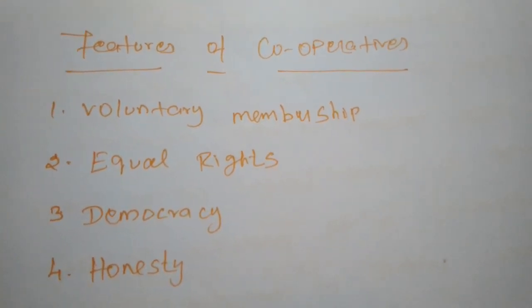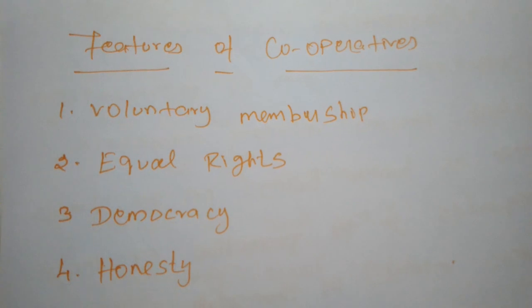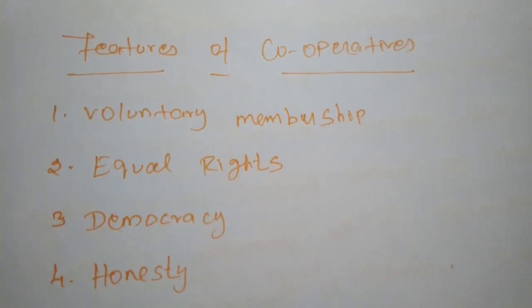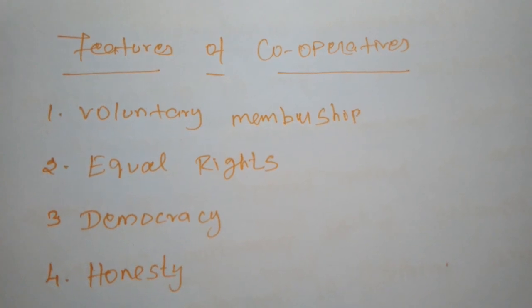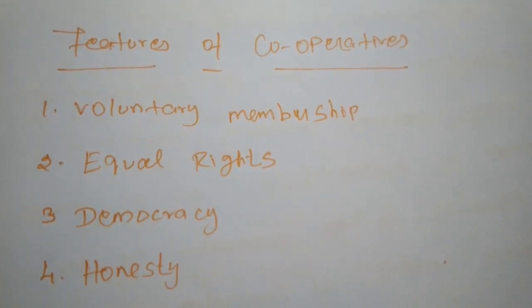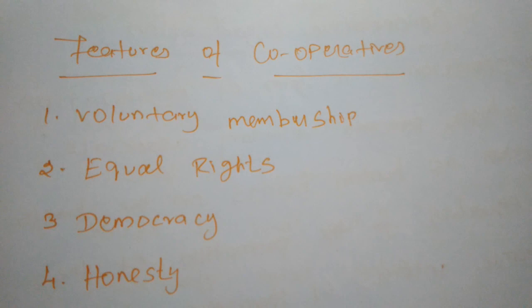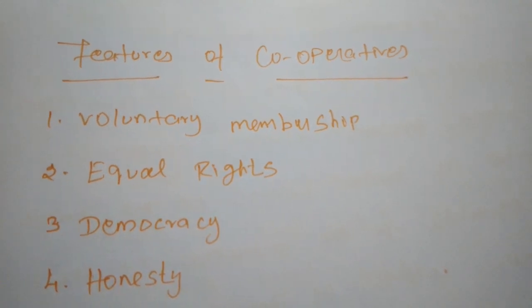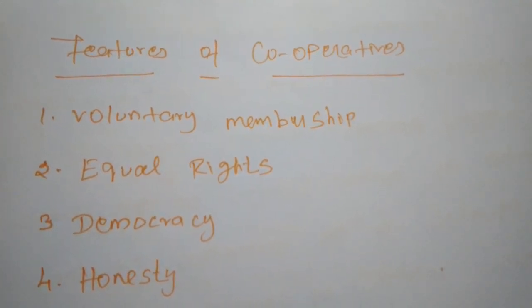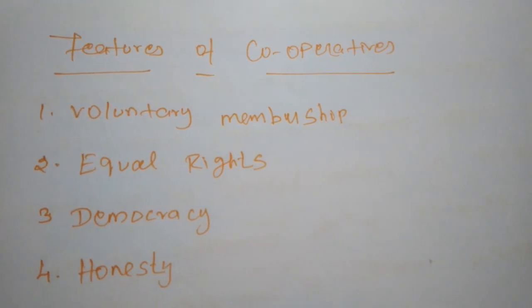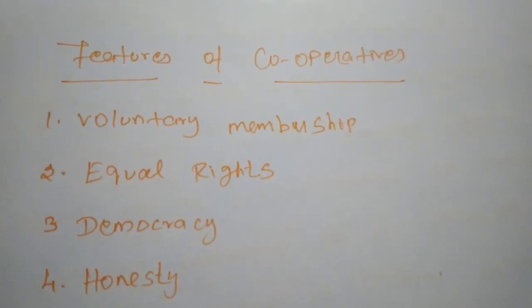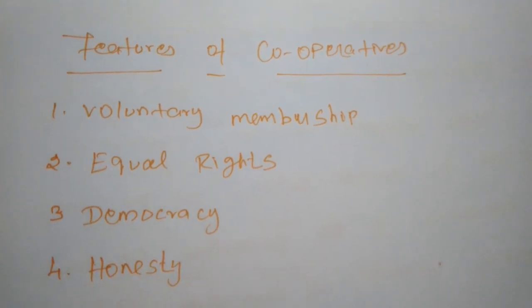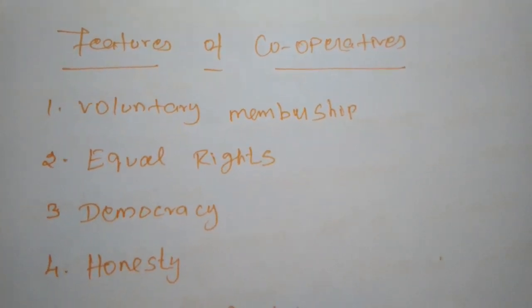But here, every person has only one vote, even if they have more shares. In joint stock companies, if a person has 10 shares, he has 10 votes. But here, even if he has 100 or 1000 shares, he has only one vote.